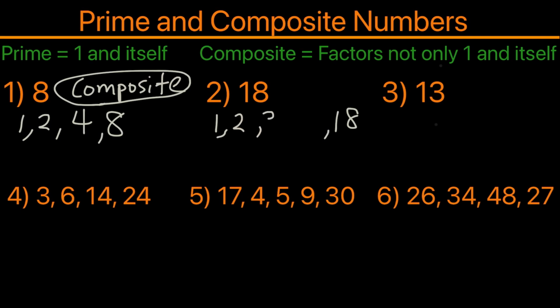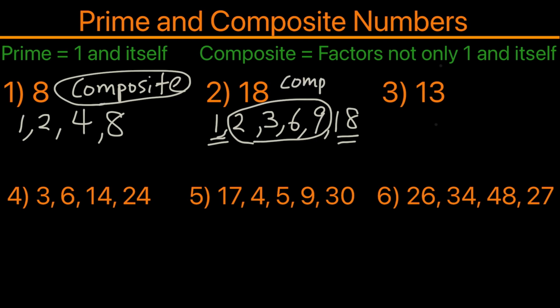And then 3 will work because 3 times 6. And then 6 will work because 6 times 3. Then 9 will work because of 9 times 2. So right away we know that this is a composite number because there are more numbers in between than just the 1 and itself. And therefore this is a composite number.